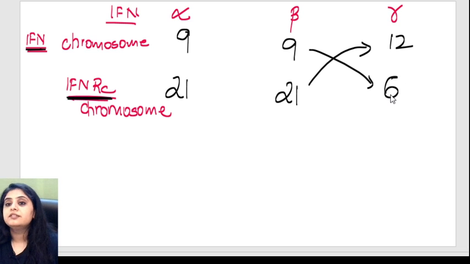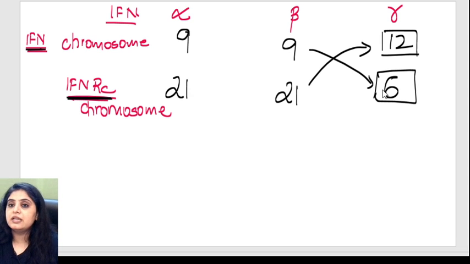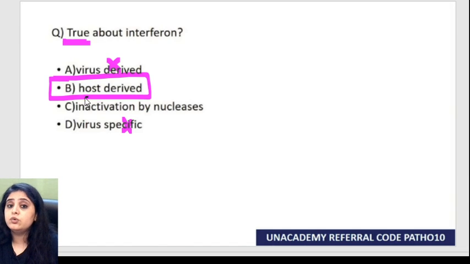You get a 6. So flip it in opposite directions. So interferon gamma is coded by 12 and its receptor is coded by 6. I know it's a pure mugging up question, but do we have a choice? We'll have to learn it. Having said that, repeating for all of you, interferons are host derived, they are host specific, they are not virus derived, they are not virus specific.